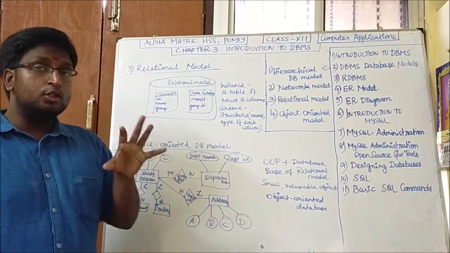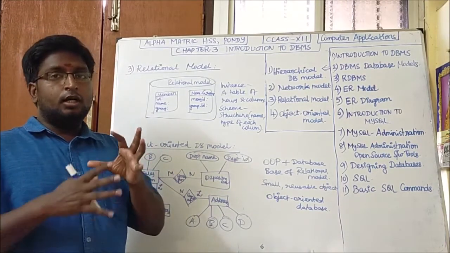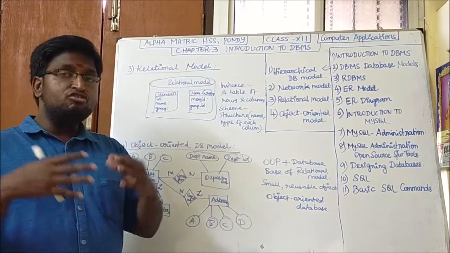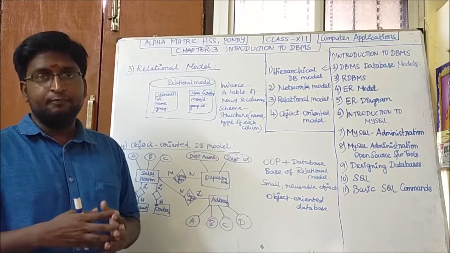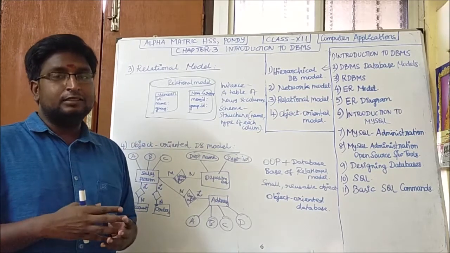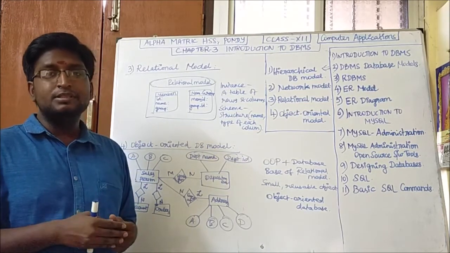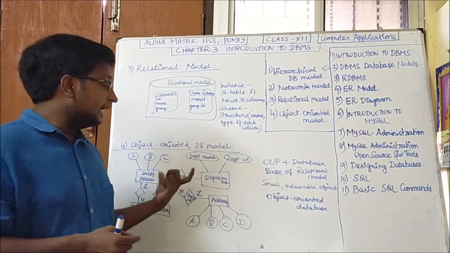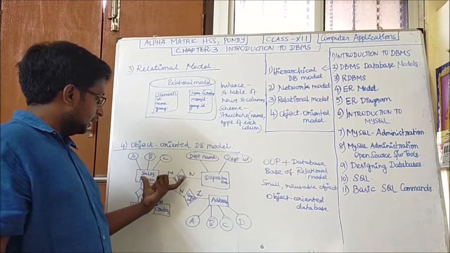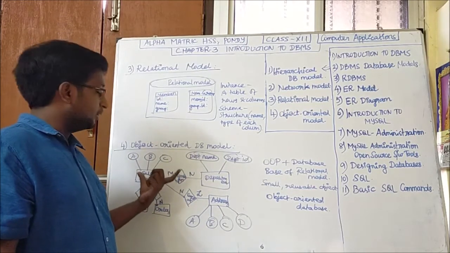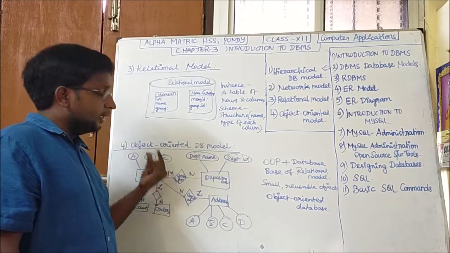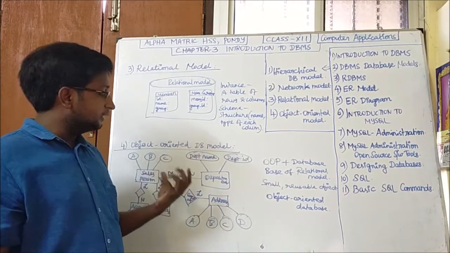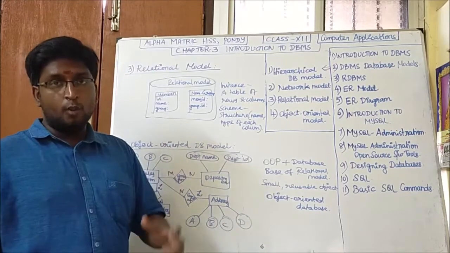It is mainly used where there are huge numbers of records, huge numbers of tables, huge amounts of data. To access those data, tables or records easily, they have segregated a particular set of actions, tables and records into a single object and stored it in a single object.